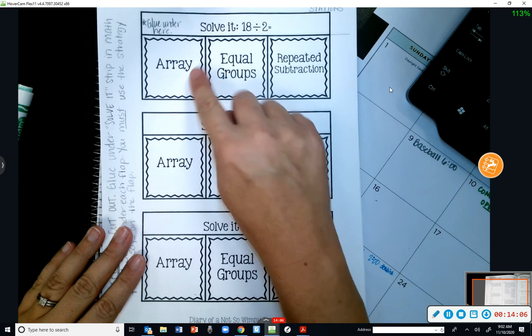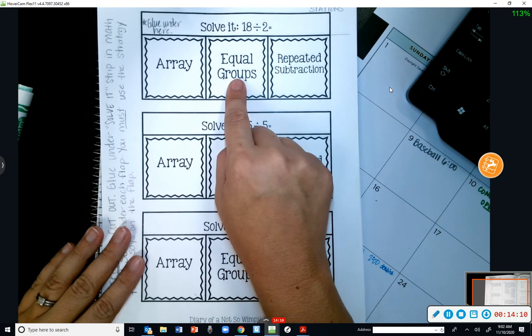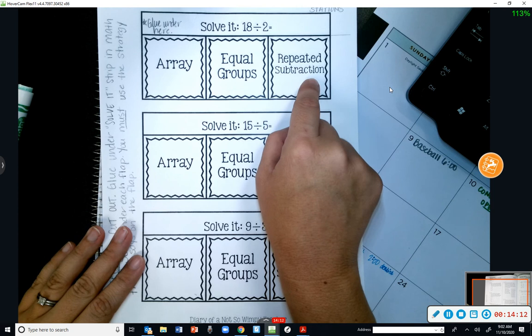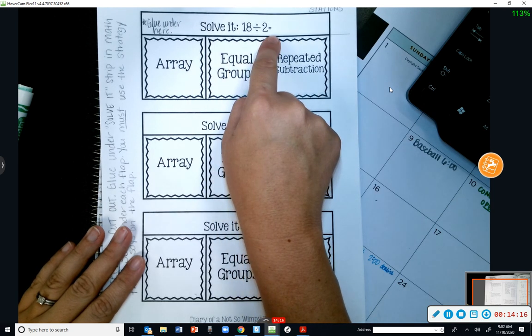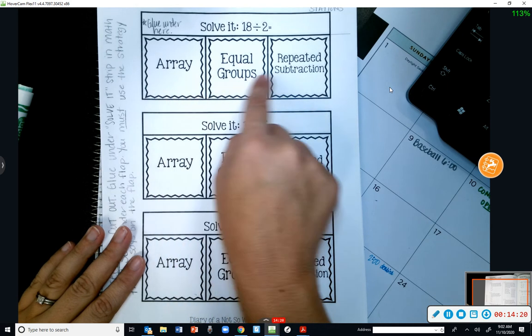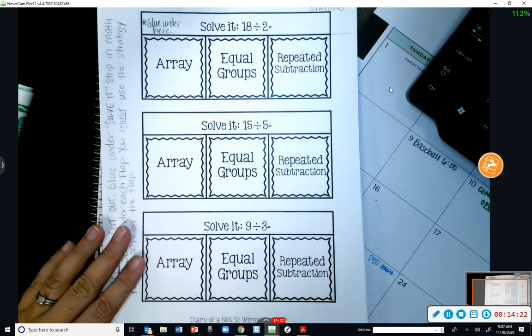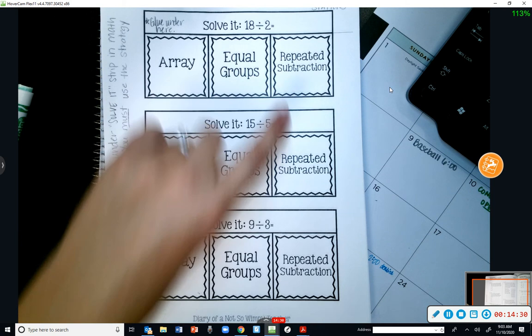So underneath each of these flaps, I should see an array, equal groups, and repeated subtraction for the problem that's right here. Okay? Those of you at home, you will have to do your problem on top of each of these squares, or out to the side. So you guys are going to show your work underneath each of these. Does that make sense? Yes.